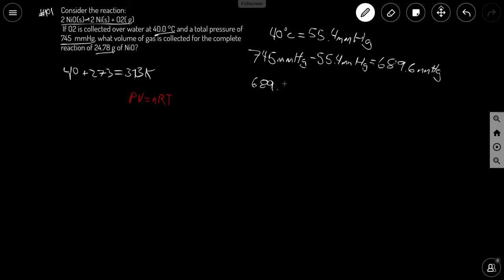The conversion factor for atmospheres and millimeters mercury is 1 atmosphere over 760 millimeters mercury. And that will give us 0.907 ATMs.